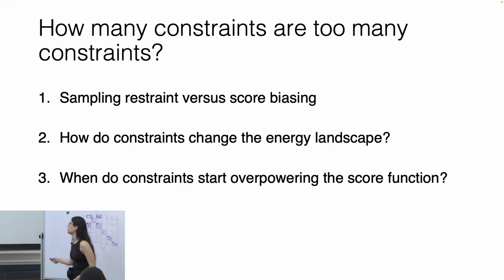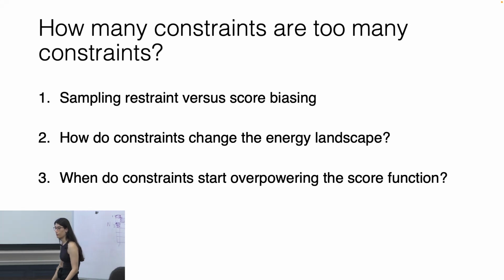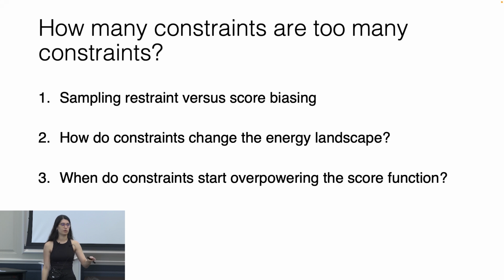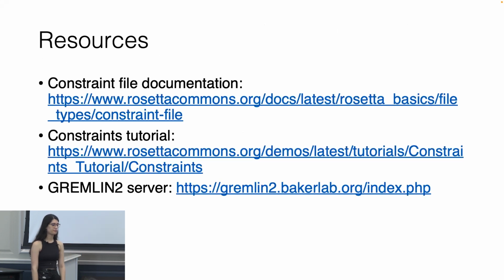And so you still have to remain somewhat guided in your overall scheme with some type of pseudo energy so that you're getting closer to the correct answers. And so you need some balance between how high your constraints can weigh versus how much the score function can keep guiding towards that minima. And it is entirely an optimization problem, once again.